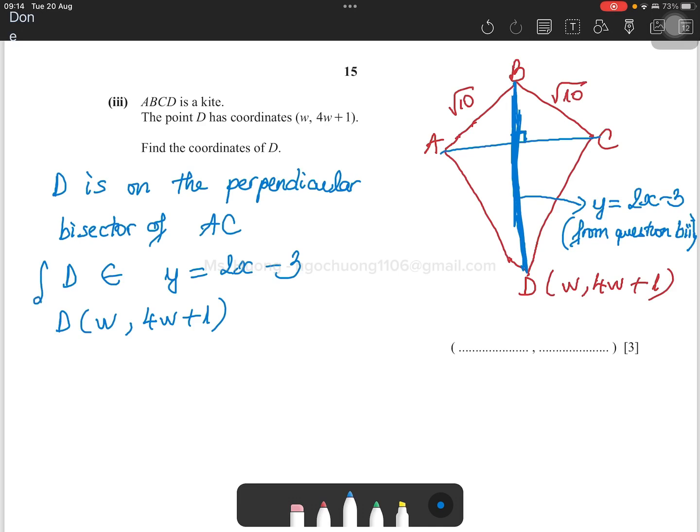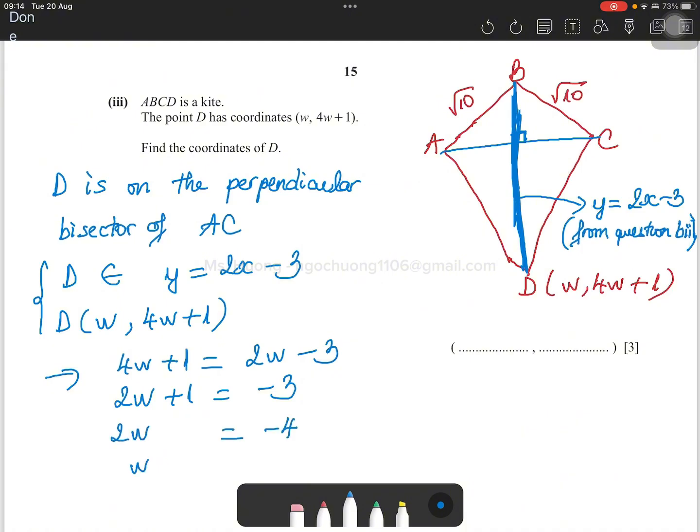So from these two, we can say that y is 4W plus 1 is equal to 2 times W minus 3. And now we need to solve this equation by subtracting 2W from both sides. And then we also subtract 1 from both sides. Finally, we divide both sides by 2.